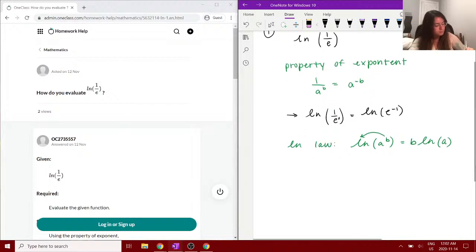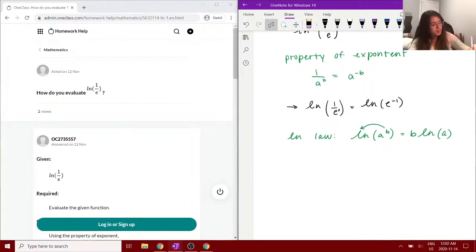Okay? So let's apply that here. Going back, ln of 1 over e, or here, e to the minus 1. Because we have minus 1 as the exponent, we can bring that out front. So we have minus 1 times ln of just e now. Okay?